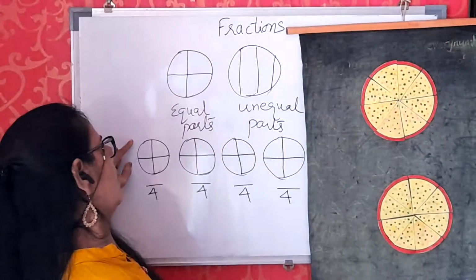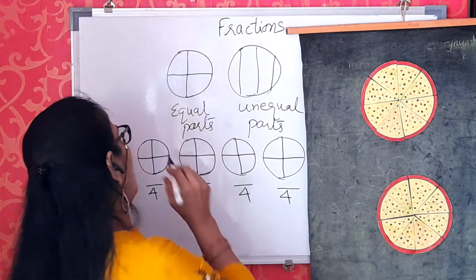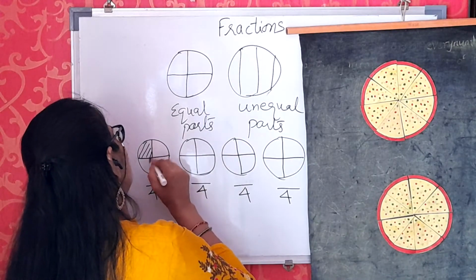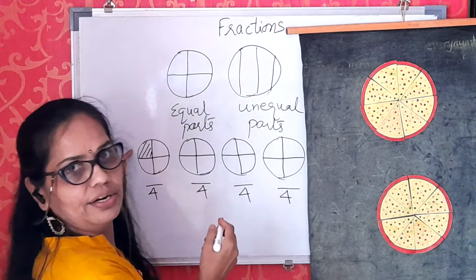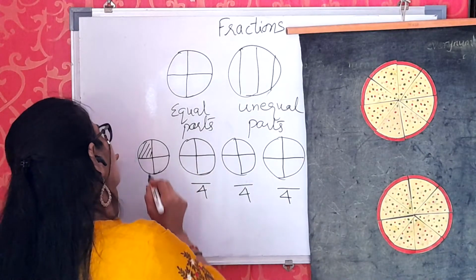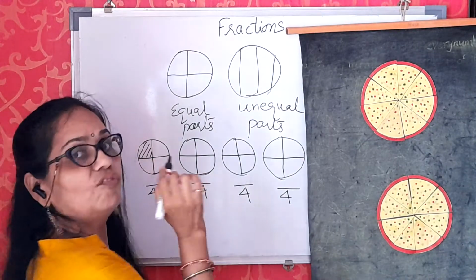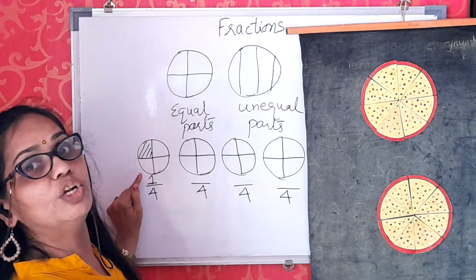Now from the first pizza, I will have one part, one piece. That means whatever parts you are sharing or eating, in the case of pizza, that much I have taken, one part. So that one I am writing on the numerator.